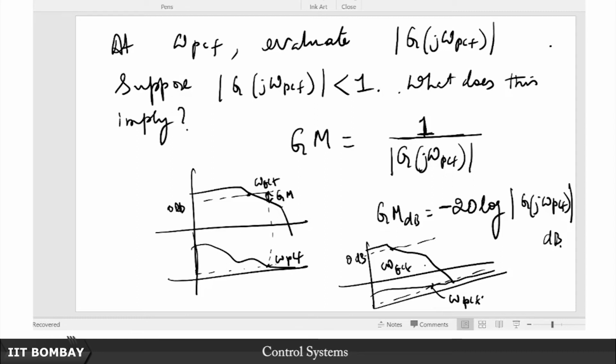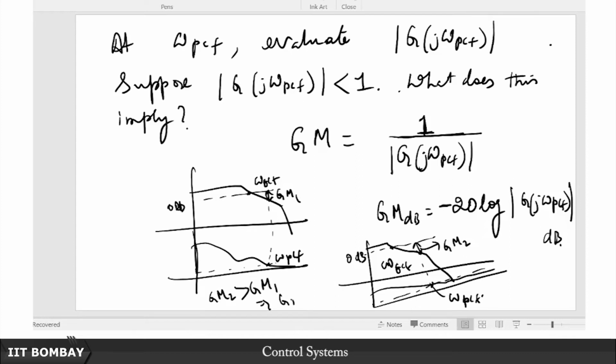So one measure of the stability is already there. You can see immediately that this is probably larger. So this is GM2, this is GM1. GM2 larger than GM1 indicates that G2 is more robustly stable than G1. That is one. The other thing is, look at the relative spacing between ω_GCF and ω_PCF.